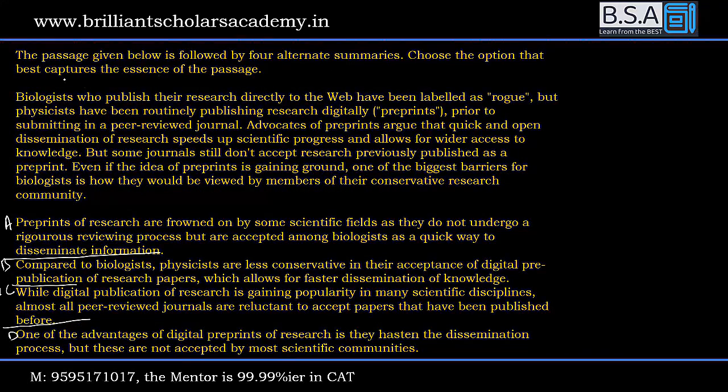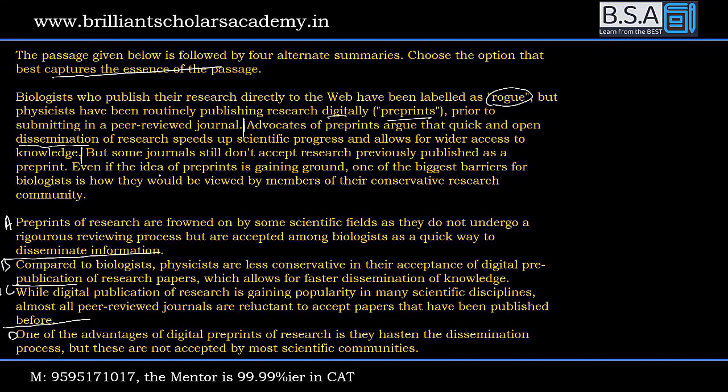I'm looking for something that captures the essence of the passage. Biologists who publish their research directly to the web have been labeled as rogue, but physicists have been routinely publishing research digitally, preprints, prior to submitting it in a peer-reviewed journal. The advocates of preprints argue that quick and open dissemination of research speeds up the scientific progress and allows for wider access to knowledge.